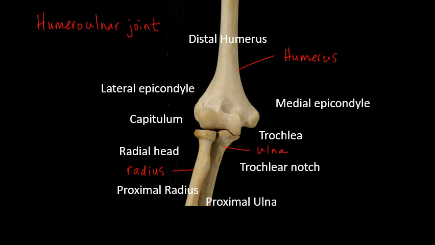Okay, so three bones here that we need to be aware of. So if this is the humerus, we're looking at the distal humerus. In this area, we are looking at the proximal, because this is the top, so the proximal ulna. And moving over to the radius, we're looking at the proximal radius, because it's towards the top of the bone.